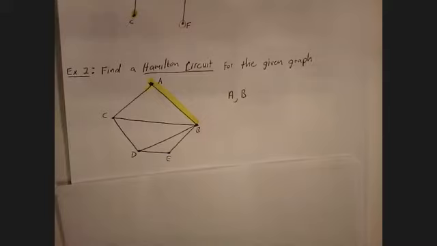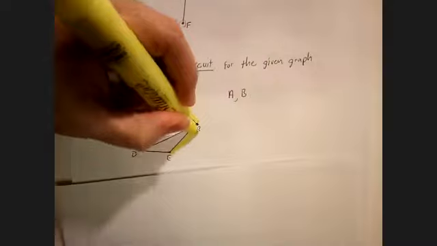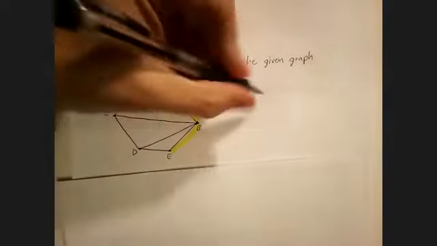Okay, from B, I could go to E or I could go to D. I'm going to just be simple here. I'm going to go to E next. Okay, so let's do that.